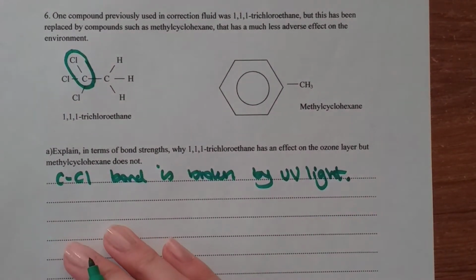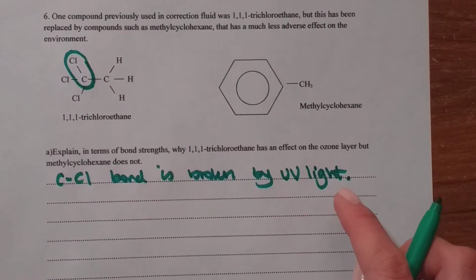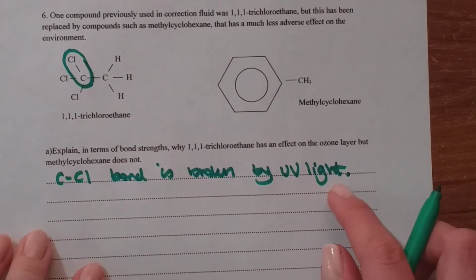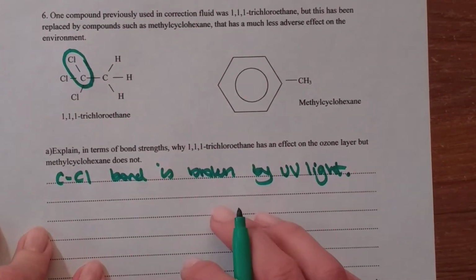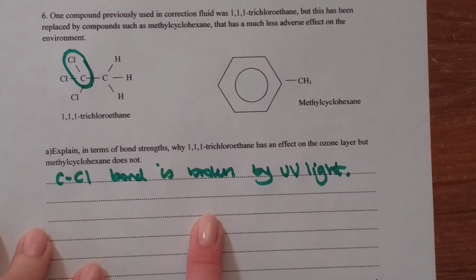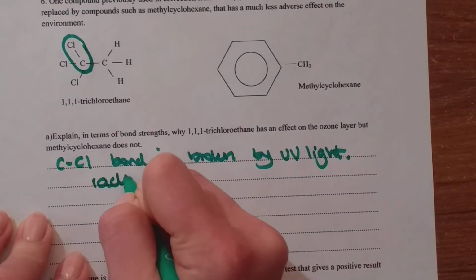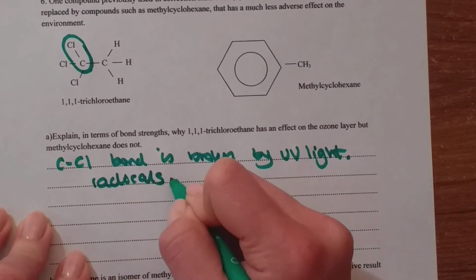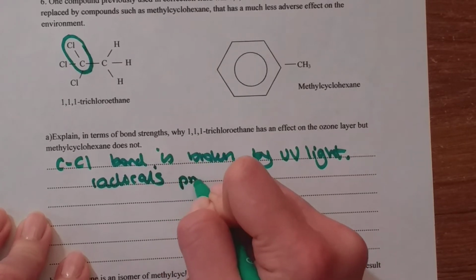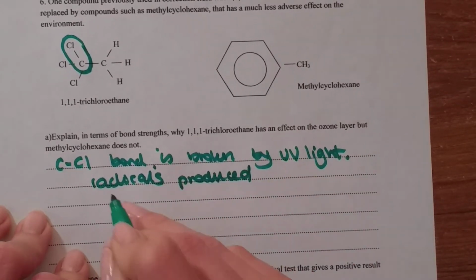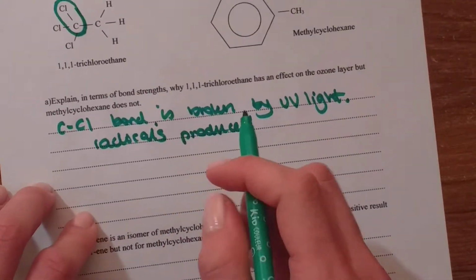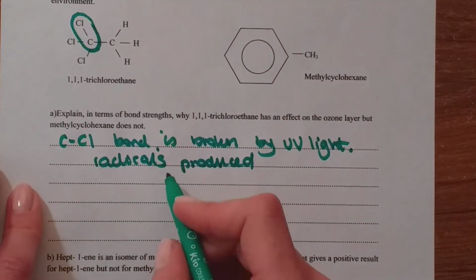When it's broken by UV light, you should know from the previous video that a radical is produced. And this radical makes a hole in the ozone layer.